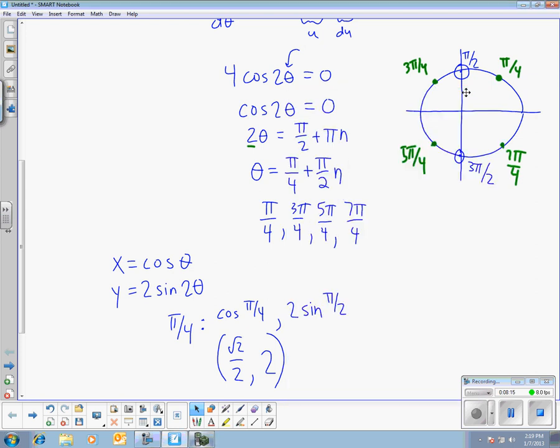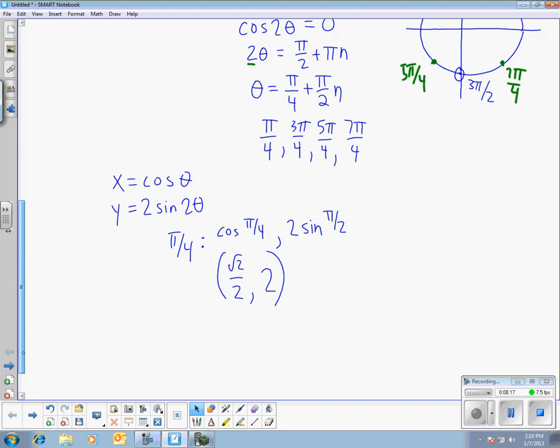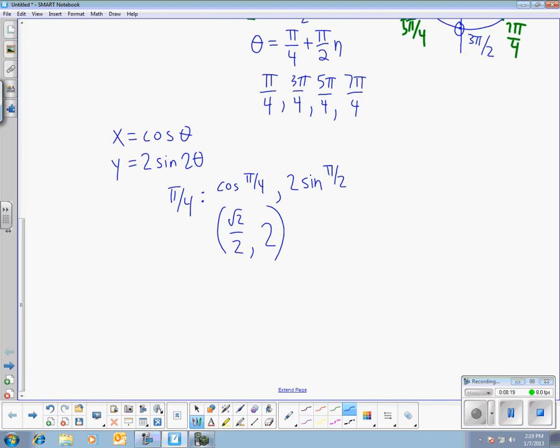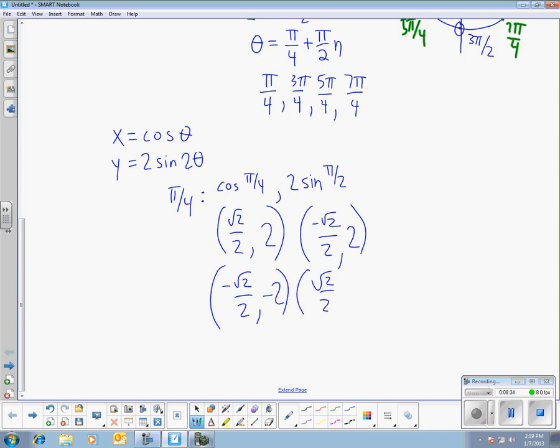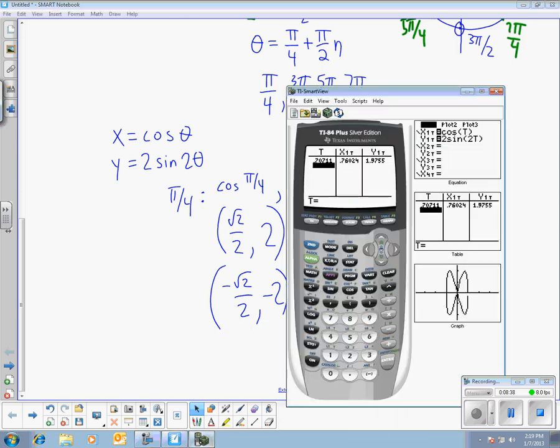We'll just plug them in unofficially. But like I said, you can tell from the symmetry of the graph that that's going to be one answer. The one that's reflected over the y-axis would be this one. Then you've got negative square root of 2 over 2 and down 2. And then positive square root of 2 over 2 and down 2. And that's the 4 points that were shown in my picture. Forget that table, it didn't work. But those are the 4.